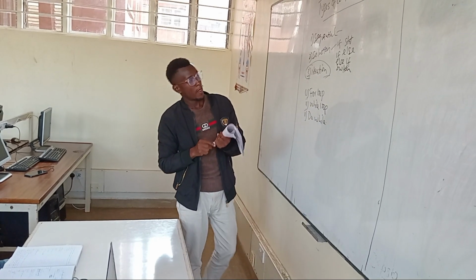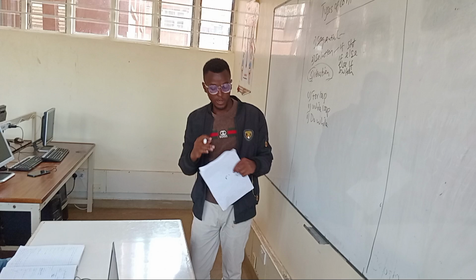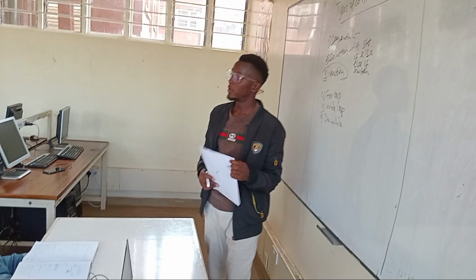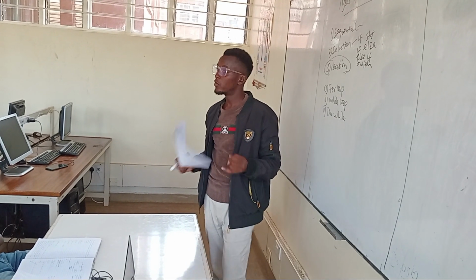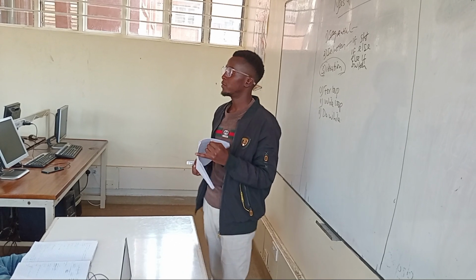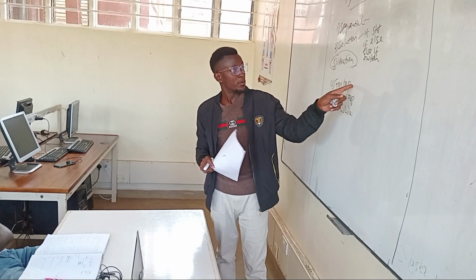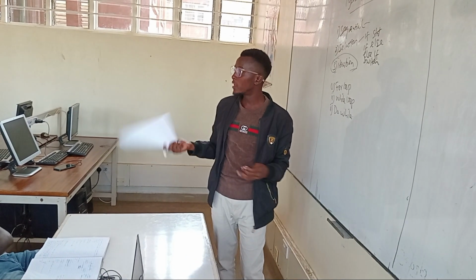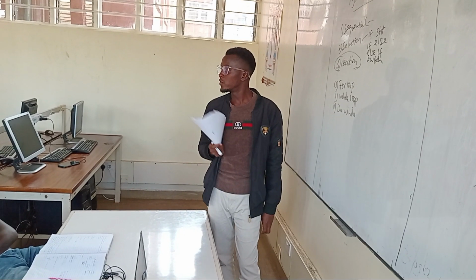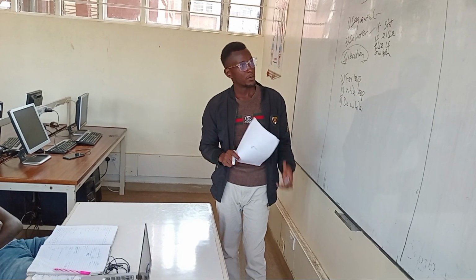So in this class, we'll start with the for loop. In the for loop, you have to know what the for loop is, the syntax of the for loop, and maybe an example of code using the for loop.